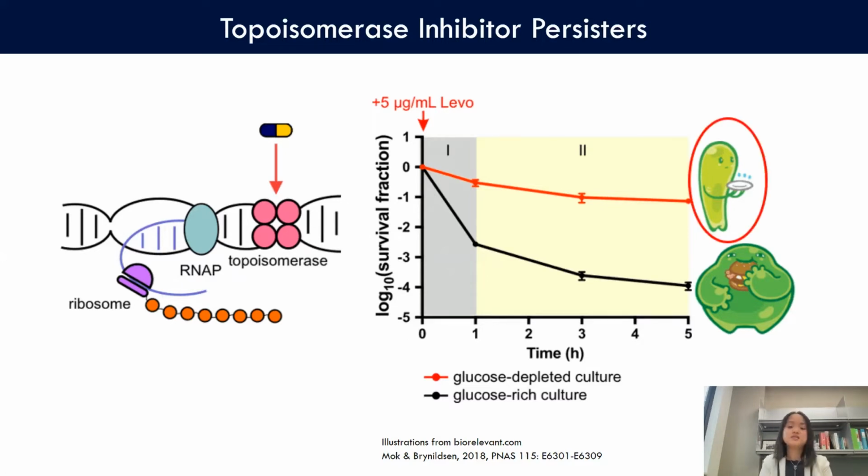So we're especially interested in understanding how bacterial populations that are slower and non-growing can respond to antibiotics, especially how persisters in these cultures can survive, because these cultures are generally more tolerant to a range of different antibiotics that we currently have on hand.